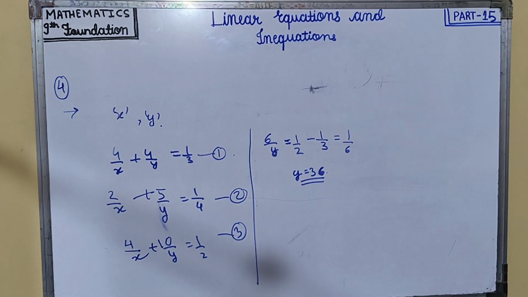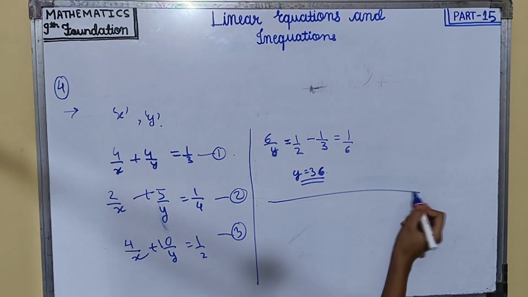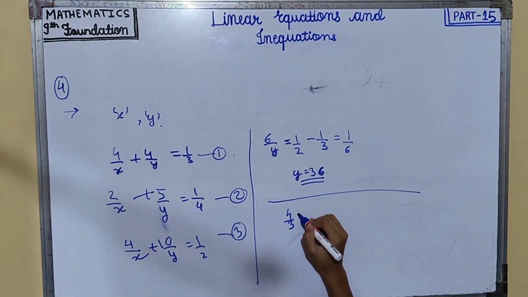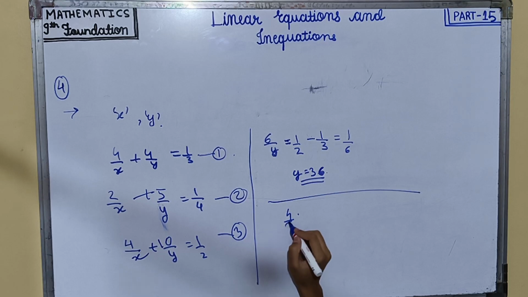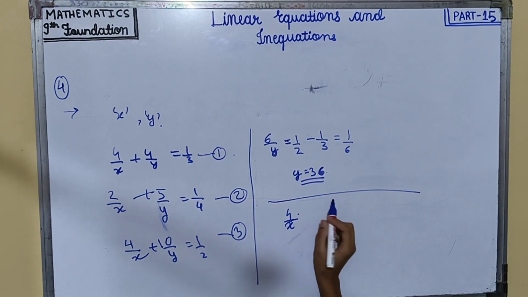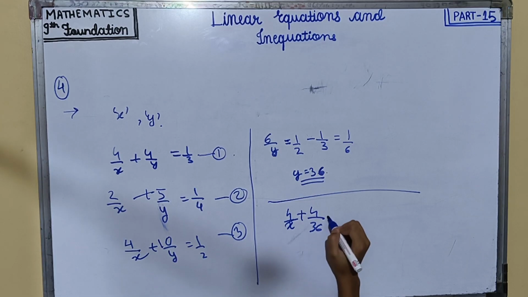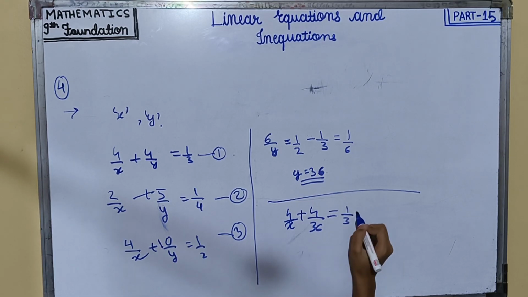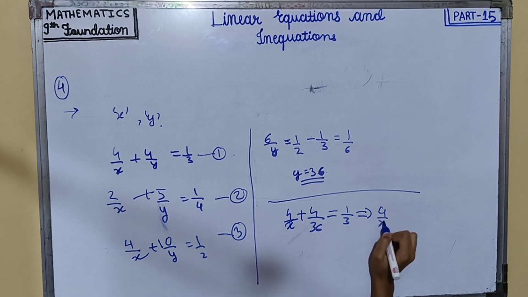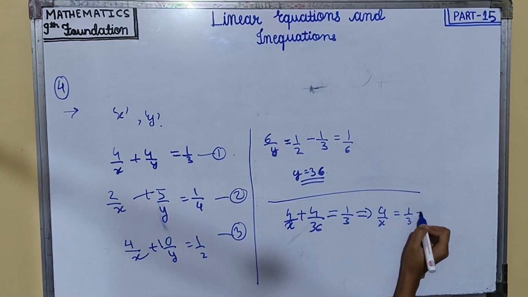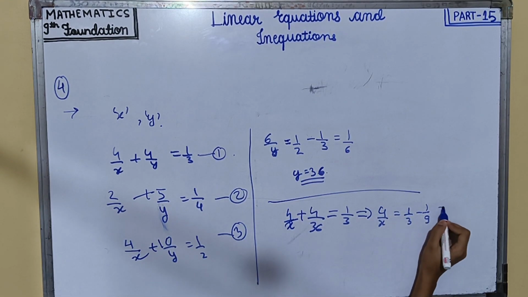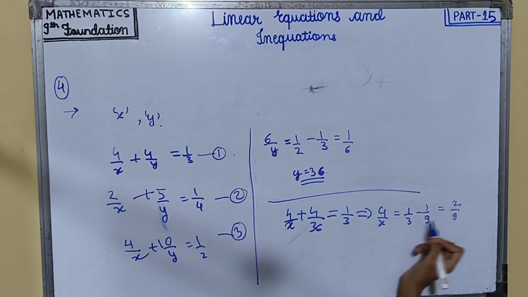Substituting the value of y in first equation, we have 4 by x plus 4 by 36 is equal to 1 by 3. Now 4 by x will be equal to 1 by 3 minus 1 by 9 equal to 2 by 9.